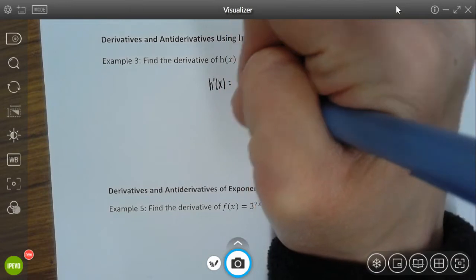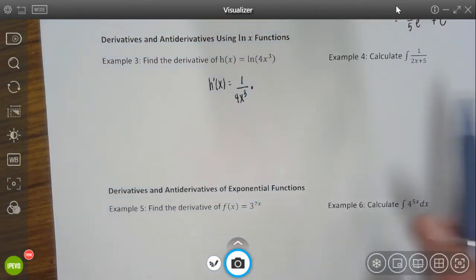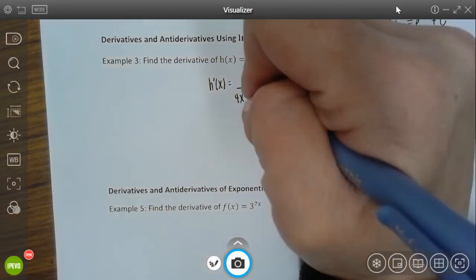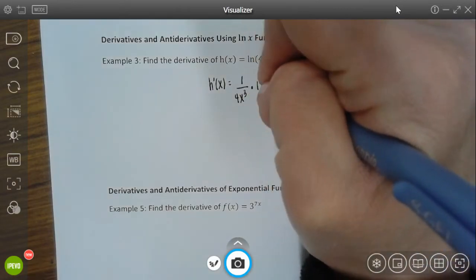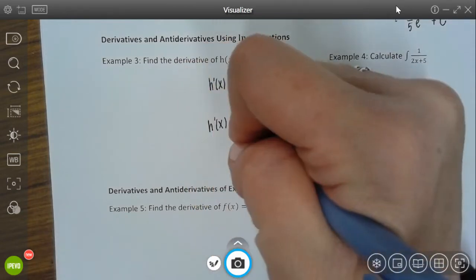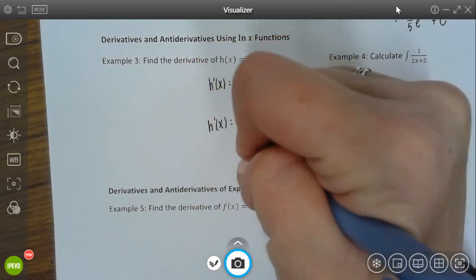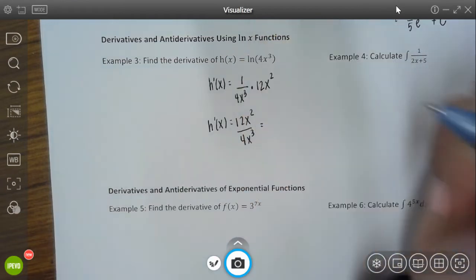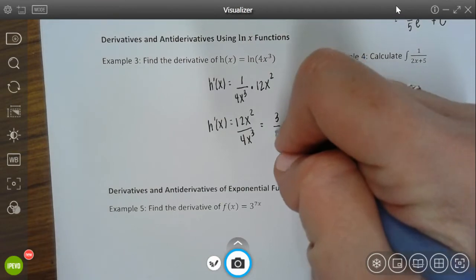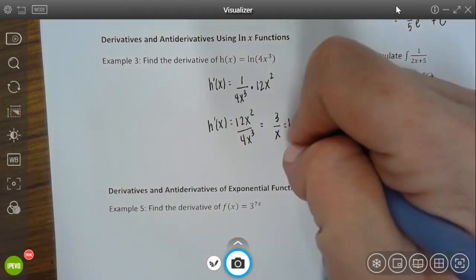But then we need to also chain rule that by multiplying by the derivative of whatever's on the inside. So derivative of 4x to the third is going to be 12x squared, and we would want to clean that up. So that's going to give me 12x squared over 4x cubed, which should leave me with just a 3 in the numerator, and just an x in the denominator. So my h prime here would be 3 over x.